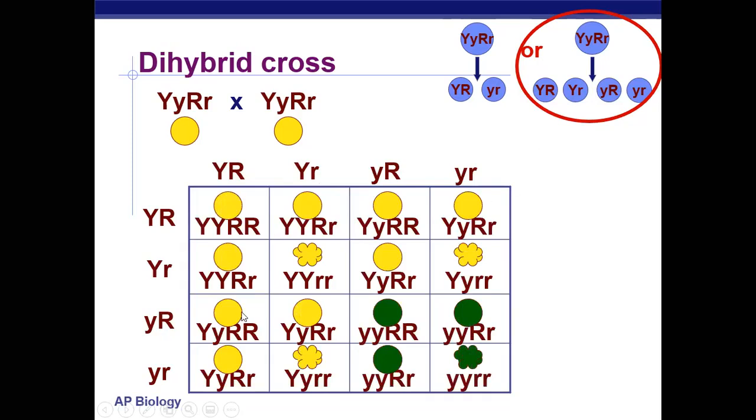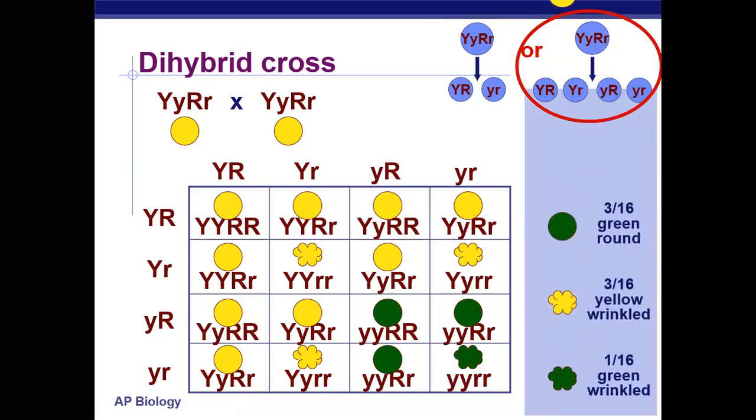And when we do this, we see that we get 1, 2, 3, 4, 5, 6, 7, 8, 9 yellow round, excuse me. We get 1, 2, 3 green round. We get 1, 2, 3 yellow wrinkled. And then we get 1 green wrinkled. And so yes, they are sorted independently and randomly in your gametes.